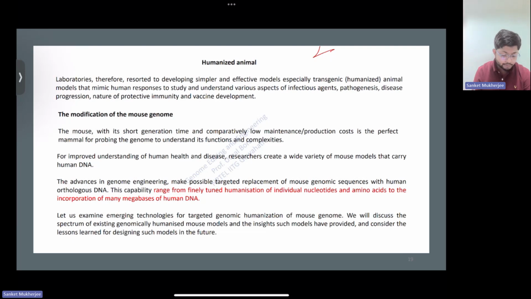The advances in genome engineering make possible targeted replacement of mouse genomic sequences with human orthologous DNA. This capability ranges from finely tuned humanization of individual nucleotides and amino acids to the incorporation of many megabases of human DNA.